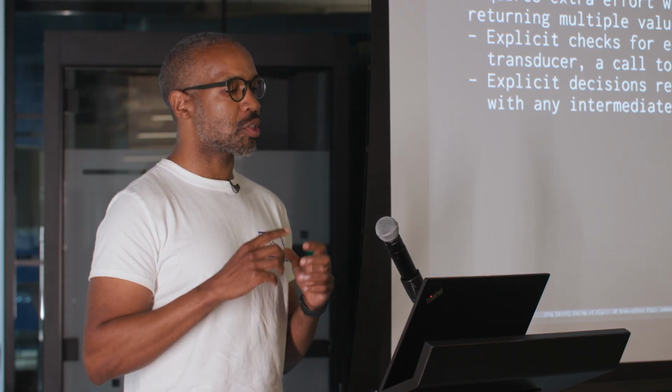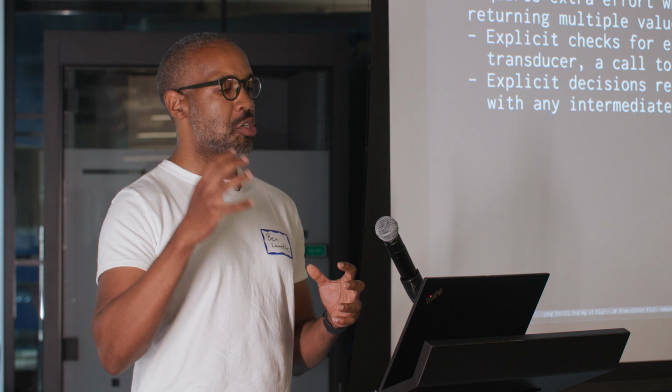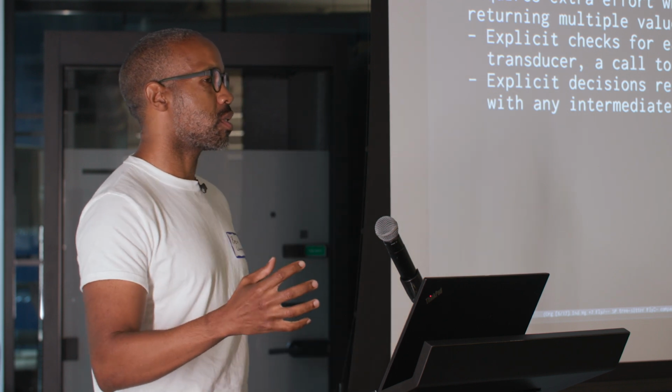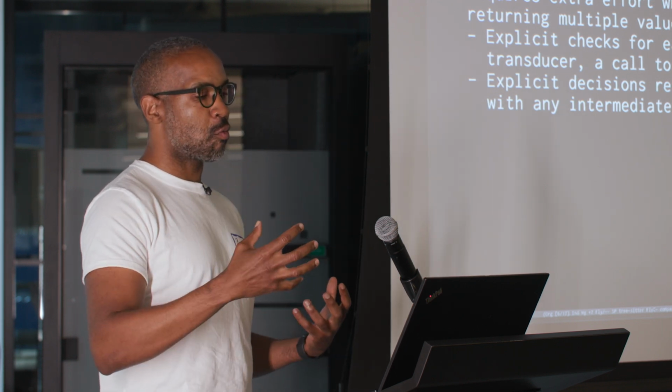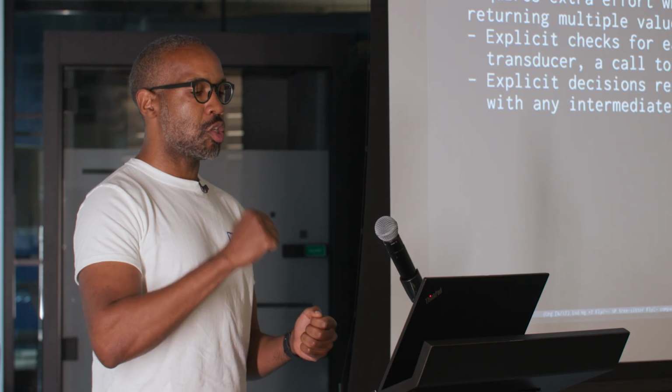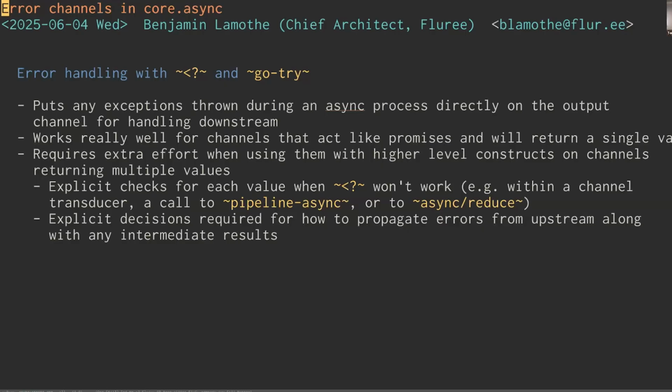But I think it works the best for the channels that work like promises, because you only have one value that comes off. That value could either be a normal working value or it can be an exception. So the throwing take is perfect for that.